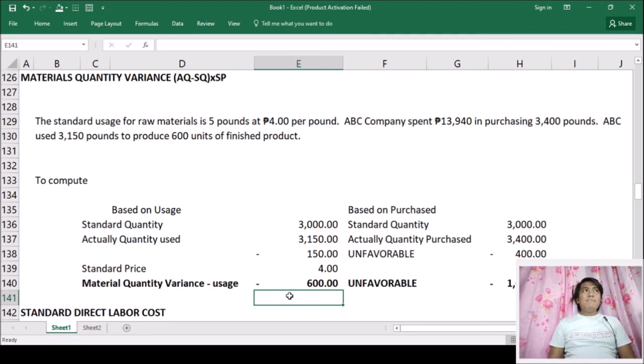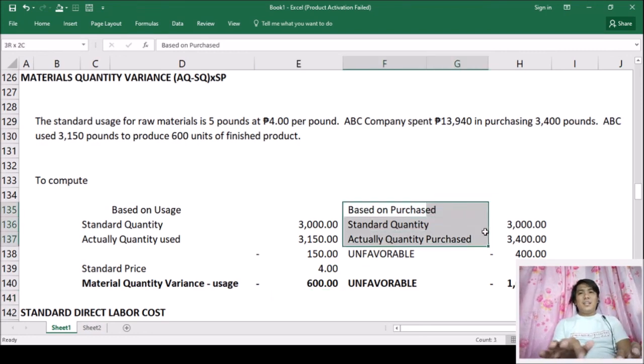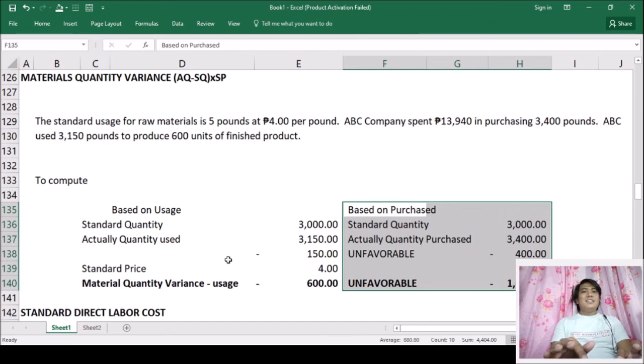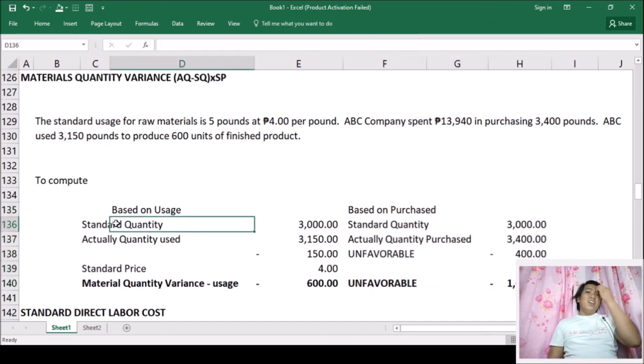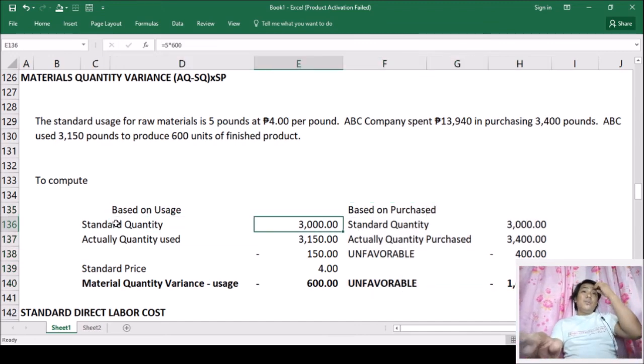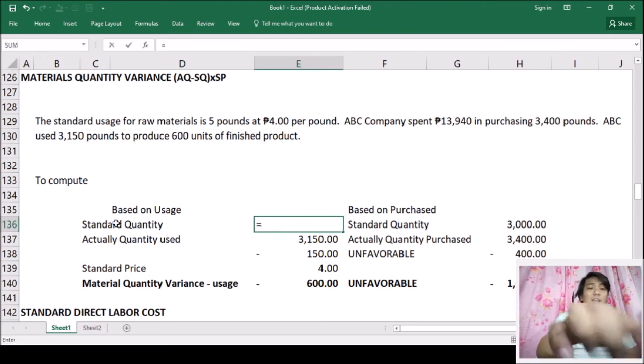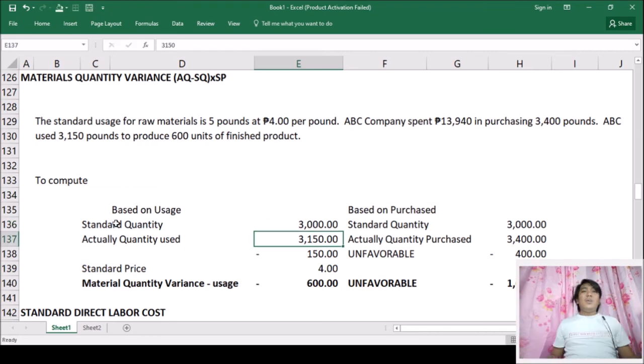If the problem requires you to compute the material quantity variance based on purchase, this is what we will do. How was that computed? The standard quantity of 3,000 is simply 5 pounds in every unit multiplied by the actual output that we have of 600 units, so we have 3,000.